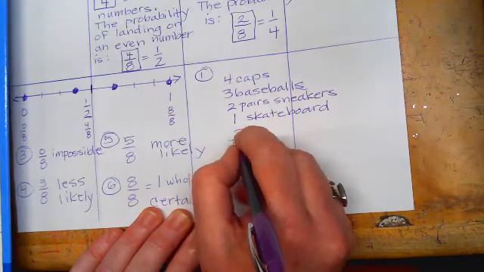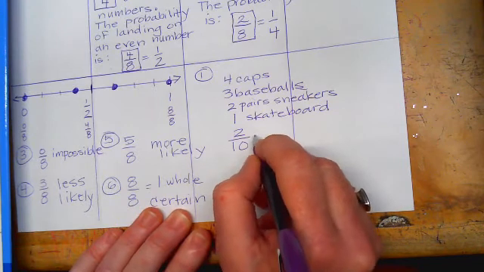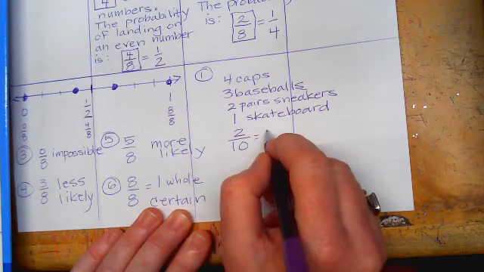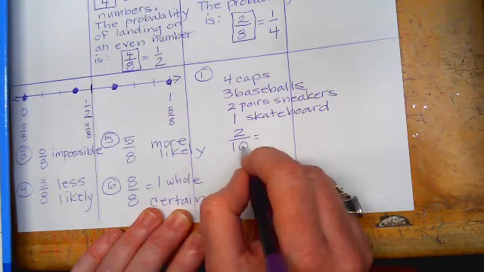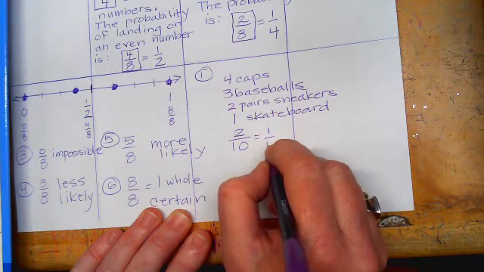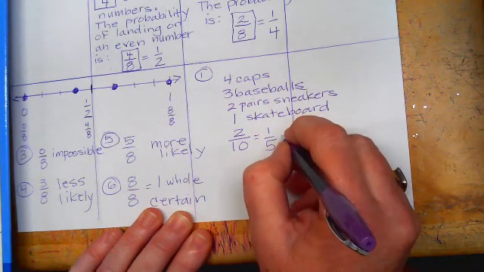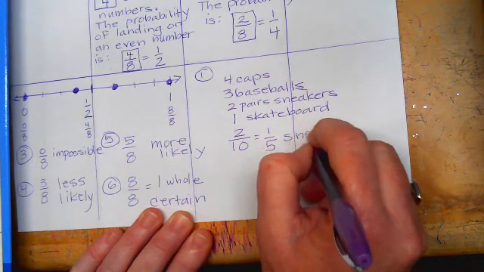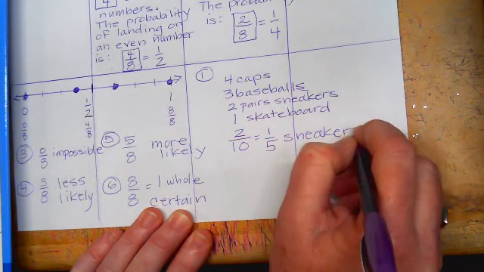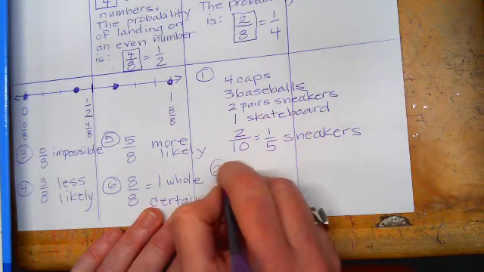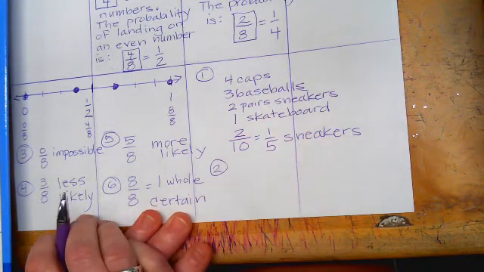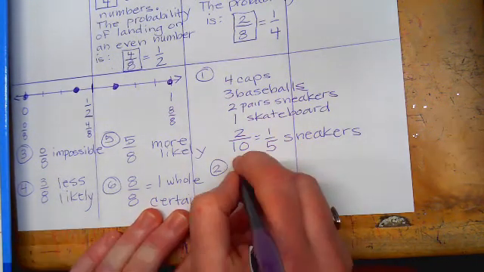So 4 plus 3 is 7, 8, 9, 10. So he has a 2 out of 10 chance to get sneakers. But we can reduce that. We can divide the top and the bottom by 2, and it's going to give us a 1 out of 5 chance for sneakers.